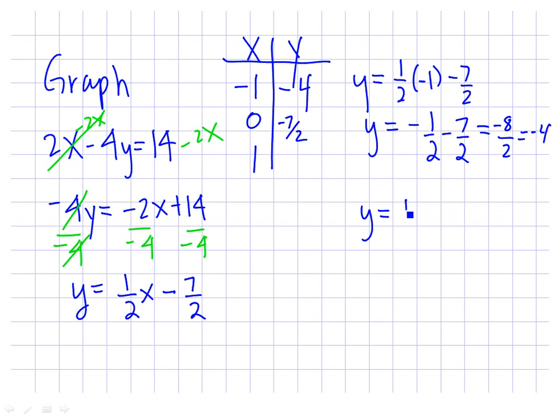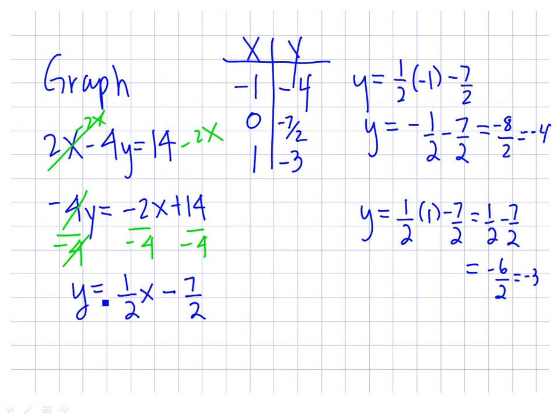If you plug in a positive 1, you get 1/2 minus 7/2, which is negative 6 over 2, which is negative 3. So this is how you will use a t-table, but you don't have to use it again. You could have used the x and y intercepts.